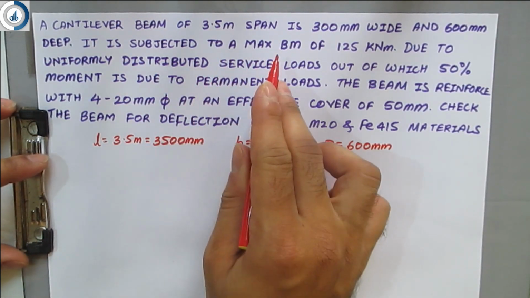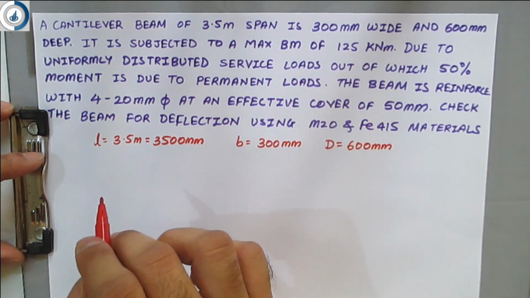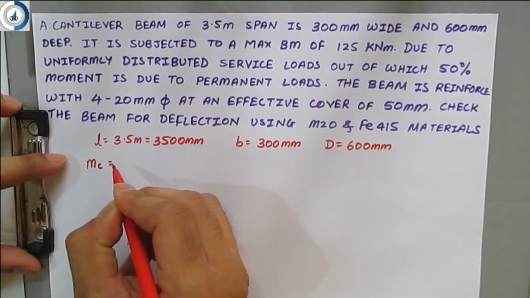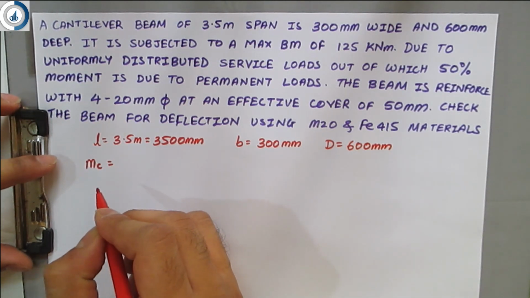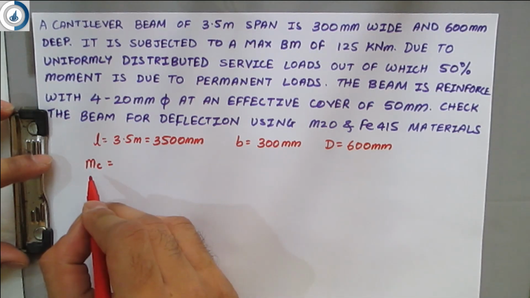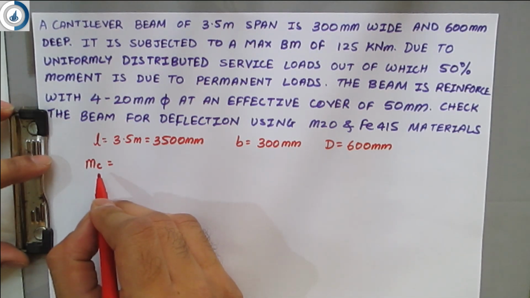It is subjected to a maximum bending moment of 125 kilonewton meter. We'll write it here as Mc, because we are using one more M for the modular ratio in the coming steps. C is nothing but your critical moment or maximum moment.